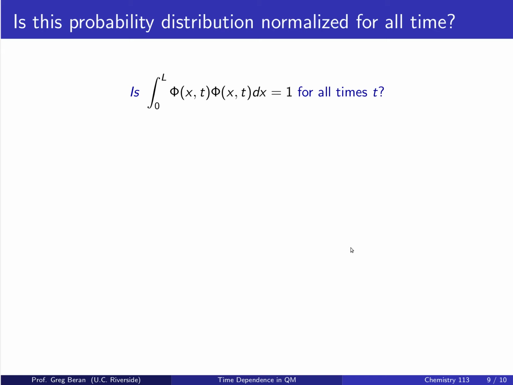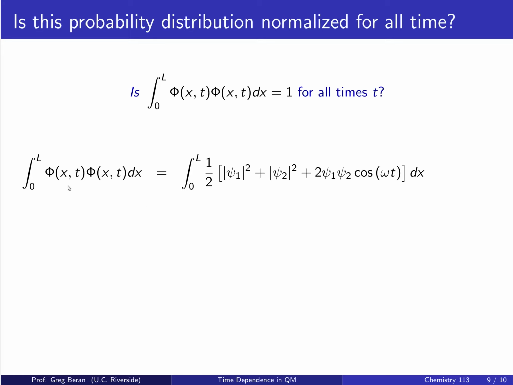And then we can start asking things like, is this probability distribution normalized for all times? In other words, is the integral over phi star phi equal to 1 for all times t? Sorry, that should be a star right there. And so we could go ahead and take this integral.